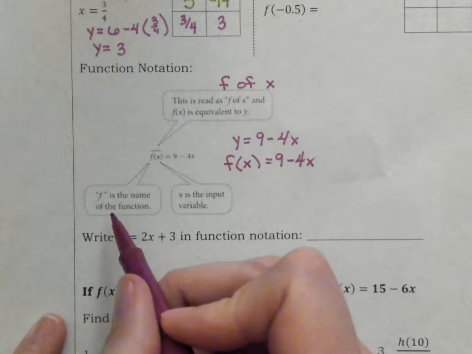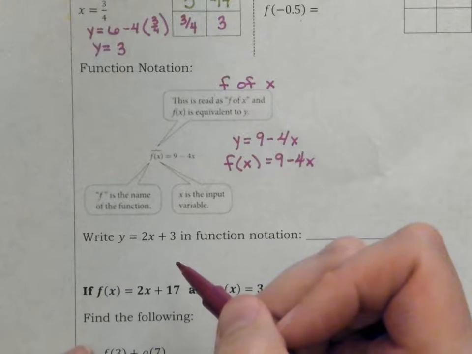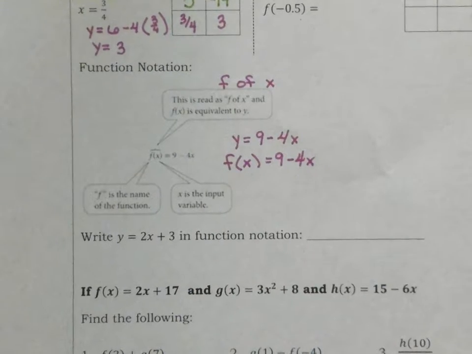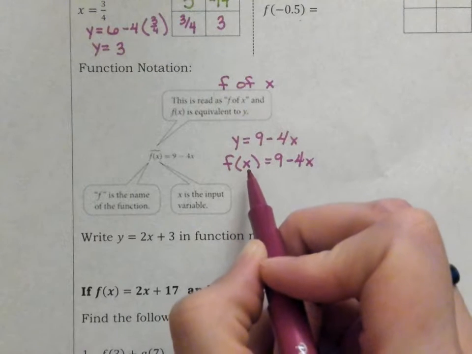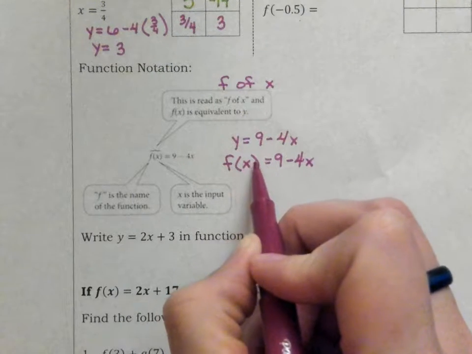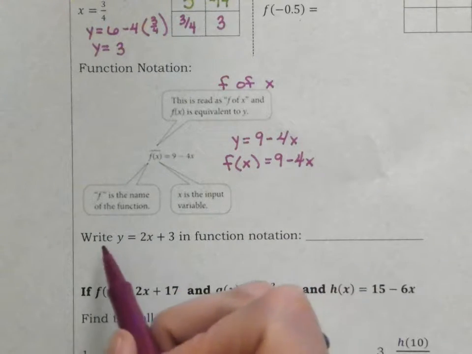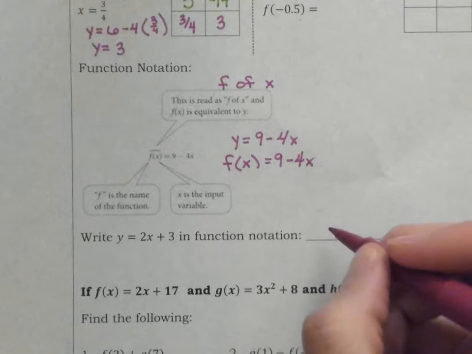So we use this a lot whenever we have multiple equations. We can't say they're all y equals, so we give them different letters as their name. And the inside right here is the input. This is what you're going to plug into your equation to see what it equals. So this just says write y equals 2x plus 3 in function notation.